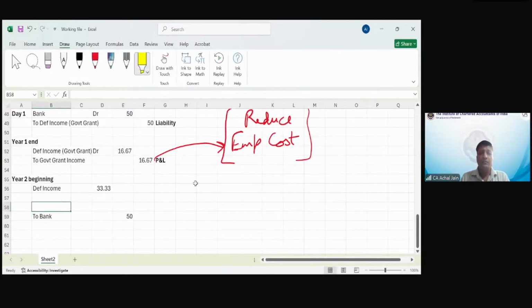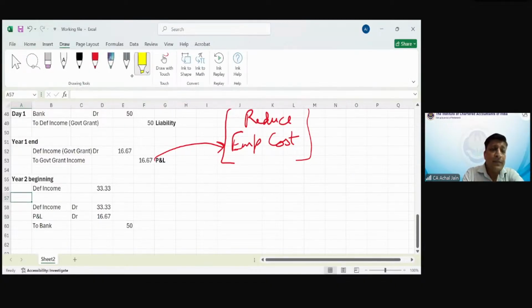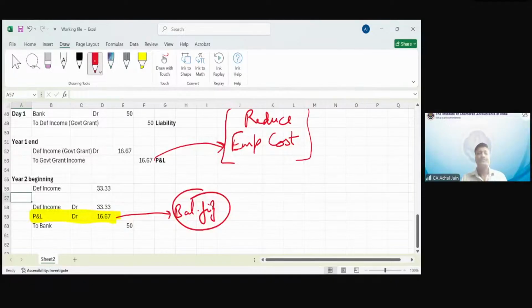What do you debit? Standard says first of all, it should be adjusted against deferred income balance. That will be 33.33. Balance impact, where do you take it? P&L. Okay, so the balance impact here again will go to P&L. Clear?